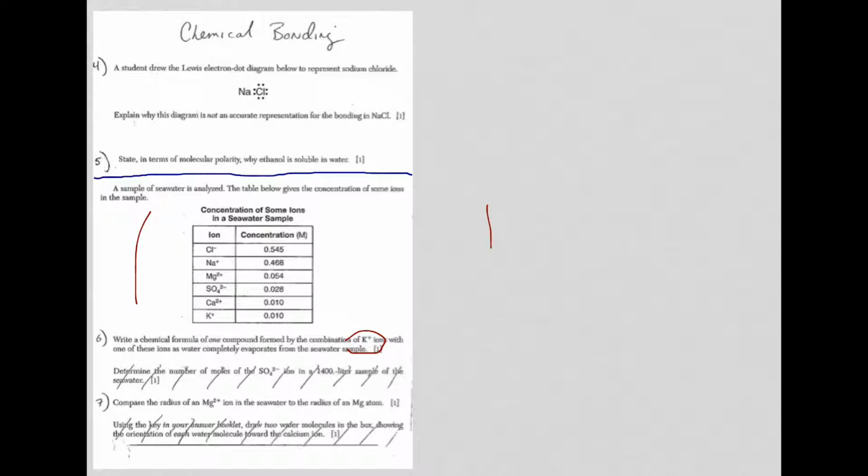Well, potassium as a metal ion is going to want to bond with something that has a negative charge, and there are two possibilities based on the table: one is chloride, and the other one would be sulfate.